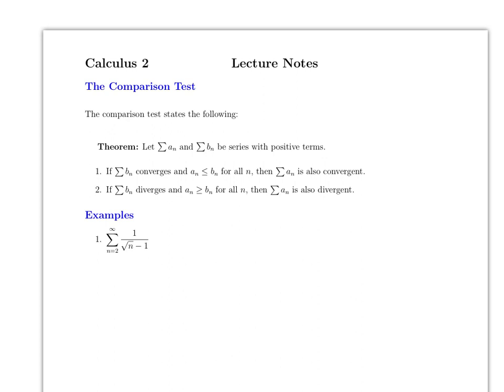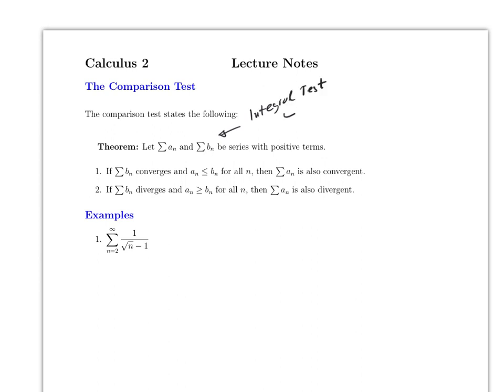The theorem says the following. If you have two series, this is the one that you want to check whether it's convergent or not. This is the one you're going to use to compare. And for this one, usually you will use either the integral test or another test.